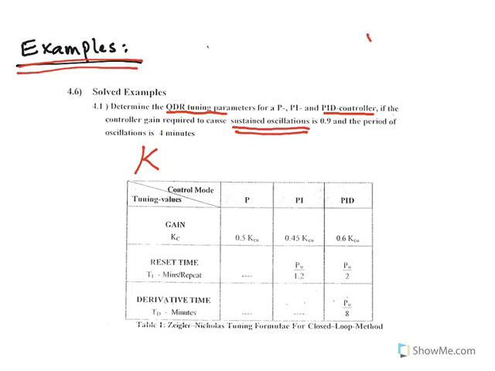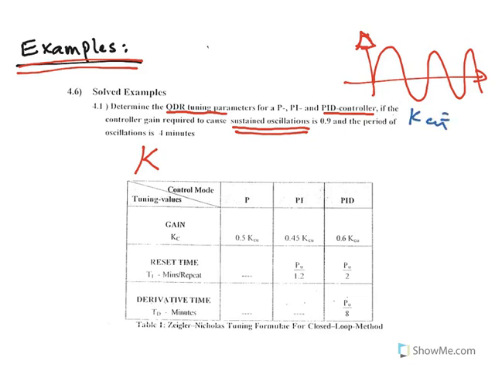If we assume that we have this oscillation, we have the gain here, and the gain Kcu is equal to 0.9, while the period Pu, from this point to this point, is 4 minutes.